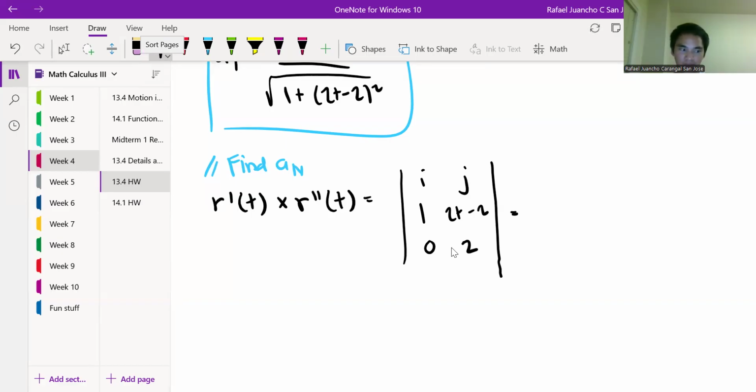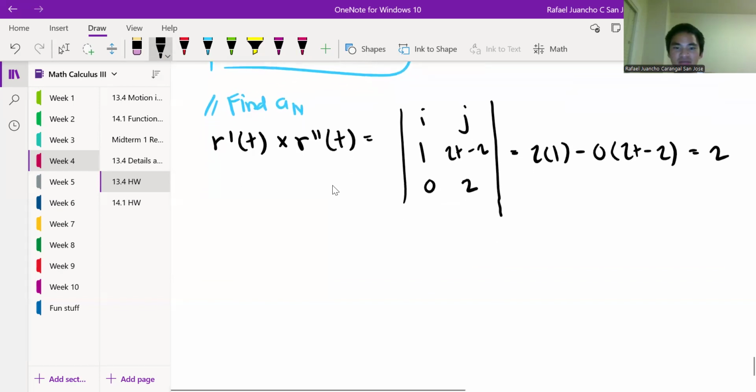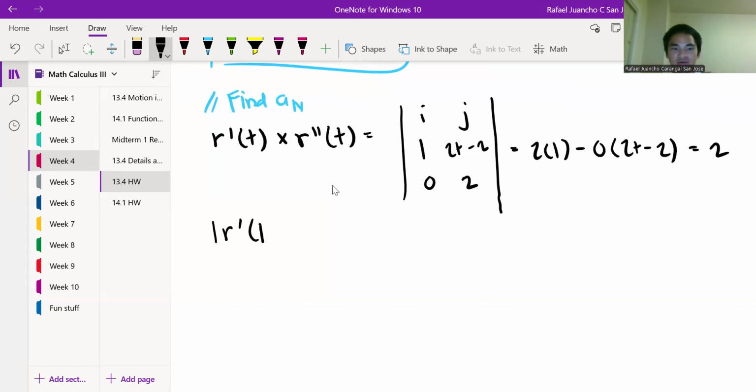Let's try. So I multiply 2 times 1, and I subtract 0 times this, and I basically get 2. So my A of N is, oh, then I get my magnitude here. So the distance of this to 0, right? The distance is just 2. I could say 2 squared and still 2.